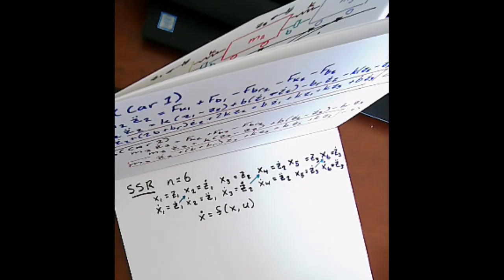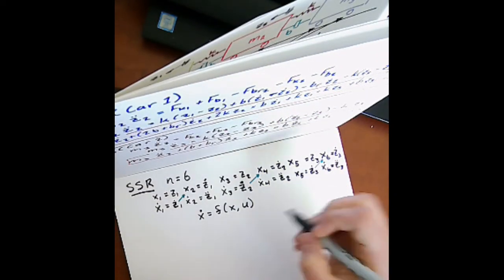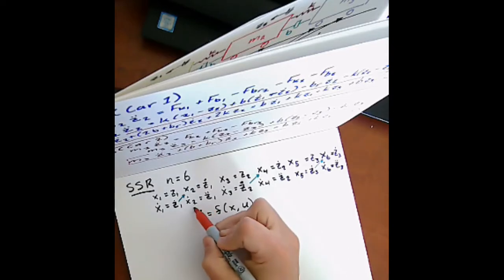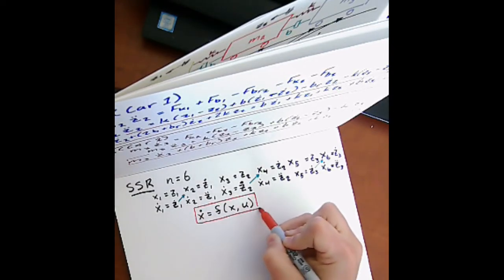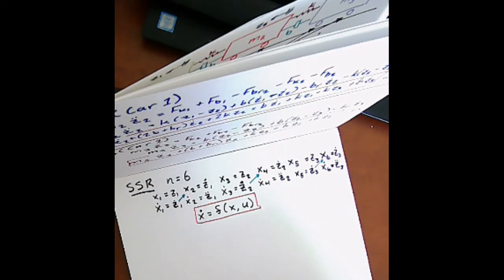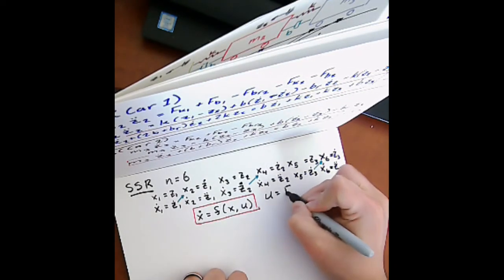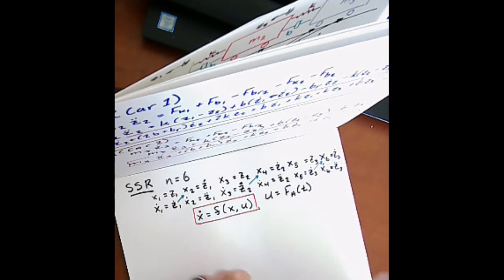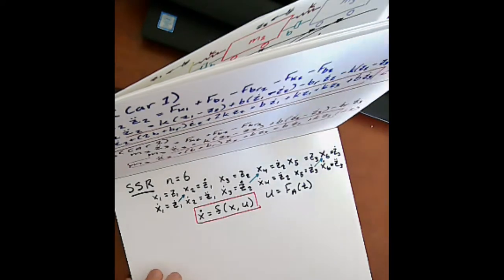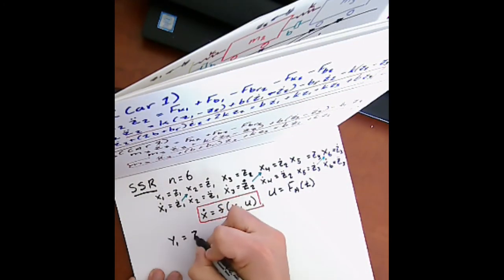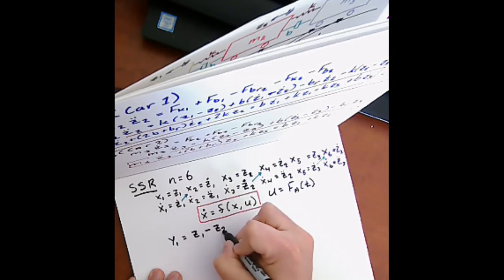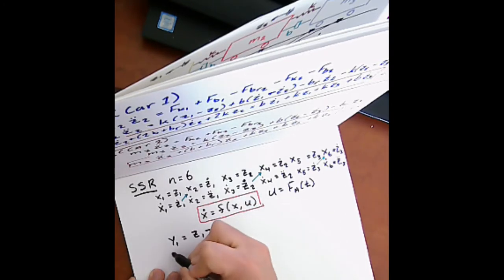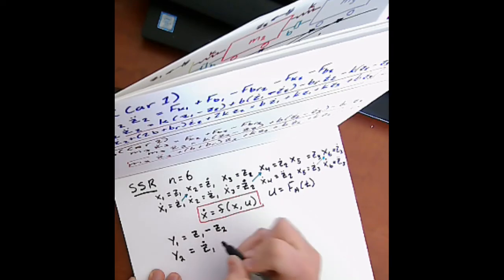There's also a couple of other things that we should cover while we're here. This is the condition that we're trying to fulfill, and we'll see what I mean by that in a second. But u, my input, is my force, and we were told what to measure. We were told that y1 has to be equal to z1 minus z2, and y2 was equal to z dot 1.